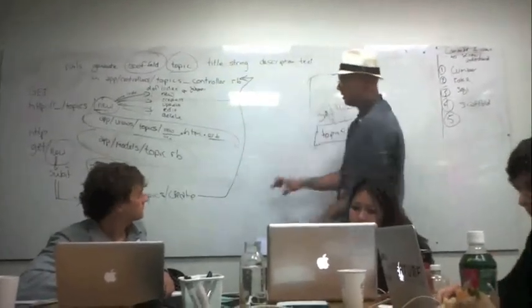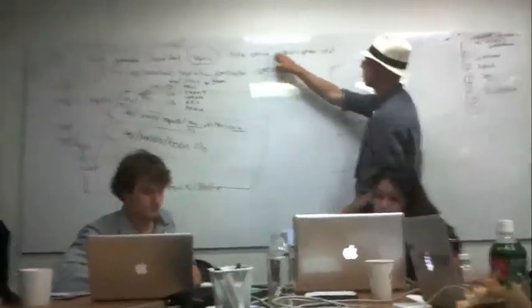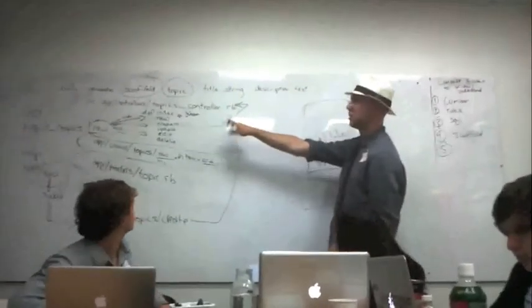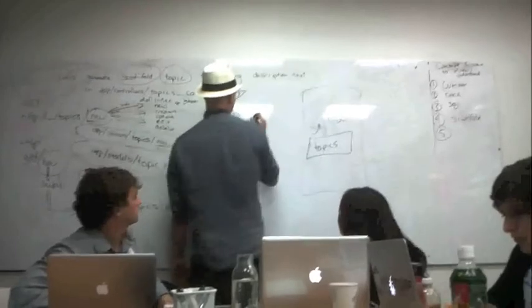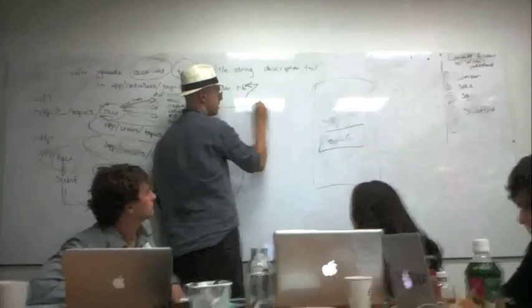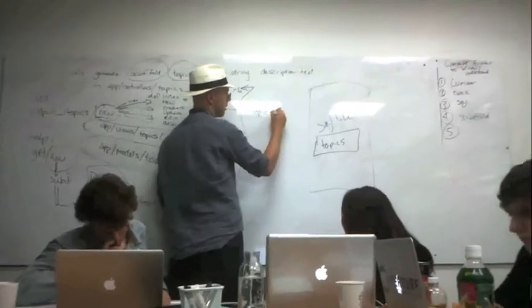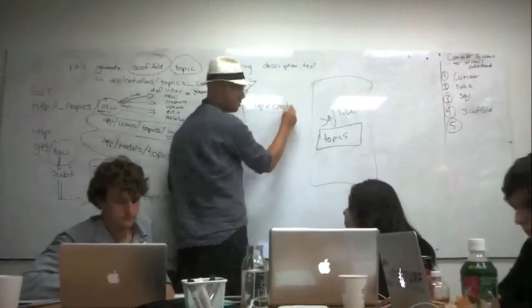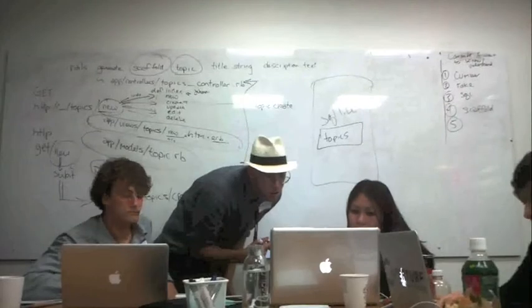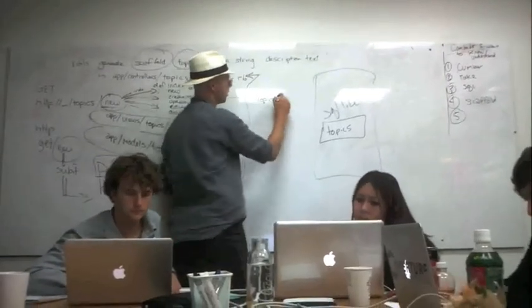So, when we say title, string, description, text, if you look in def create, you're going to see some auto-generated code, topic dot, is it create or new? What do they use? New. Okay. They use new and then they do save.